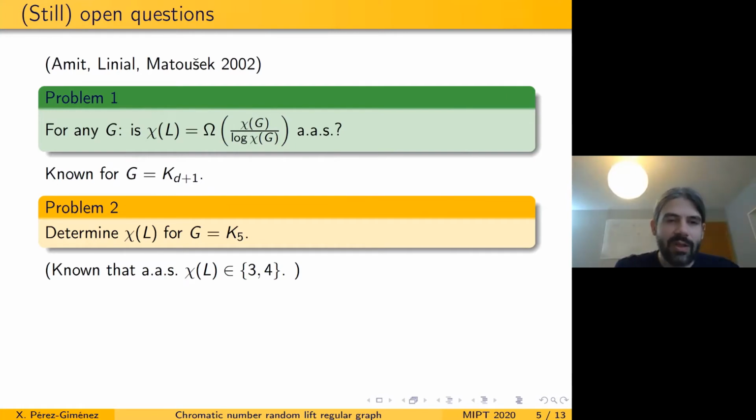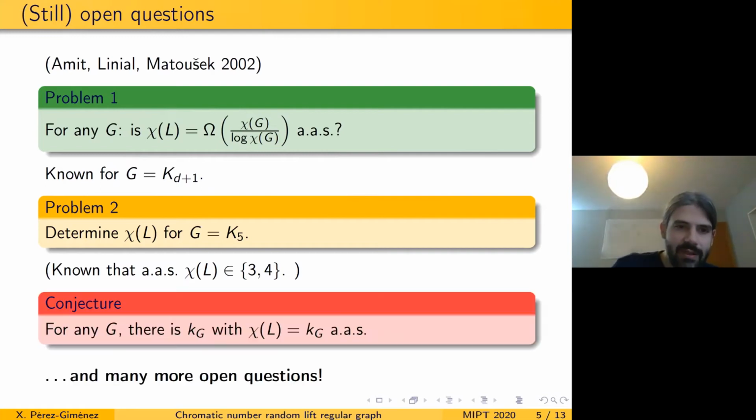But then they would actually like to determine what this chromatic number is, because they conjecture, and maybe I'll show the conjecture now, that if you fix a graph G and take a random lift on n vertices, then as n goes to infinity, the chromatic number is going to be concentrated on one single value.